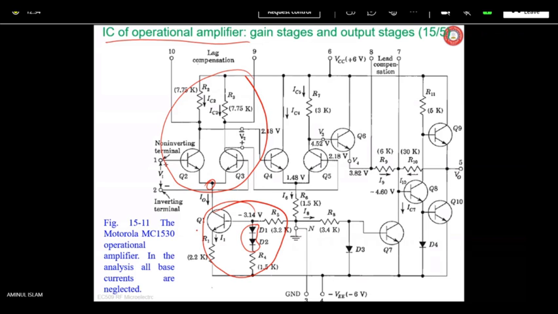So VEE is minus 6 volt, and D3 is having 0.7 volt.